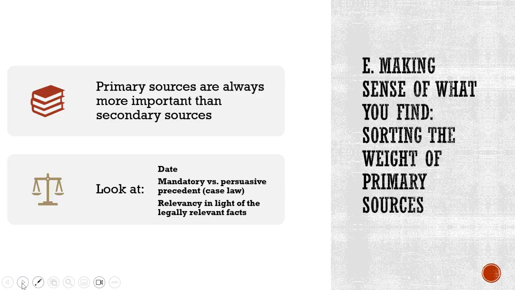Back to chapter 1, primary sources are always more important than secondary sources, so we're going to look for the weight of our research sources using this strategy of what's the primary source. And when we do have a primary source, we're going to look to its date, and we're going to look to whether it's mandatory versus persuasive precedent.